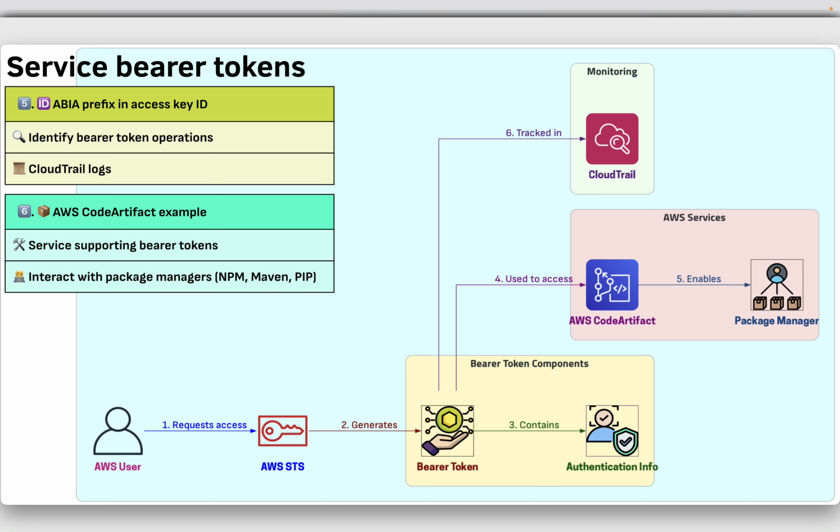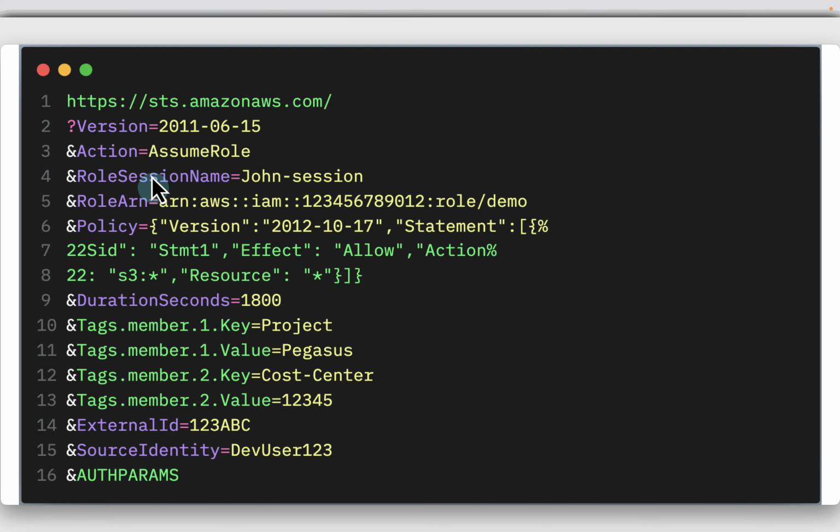But behind the scenes, it will check whether this role is allowed for this user who wants to assume this particular role, right? And how many duration seconds, any tags that are associated with it, what the external ID is, what the source identity is, and any auth params. So this is one example.